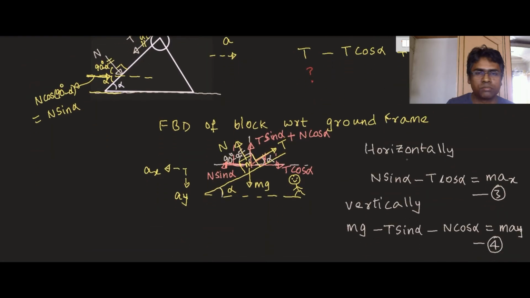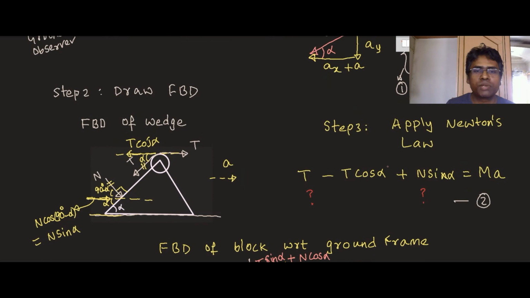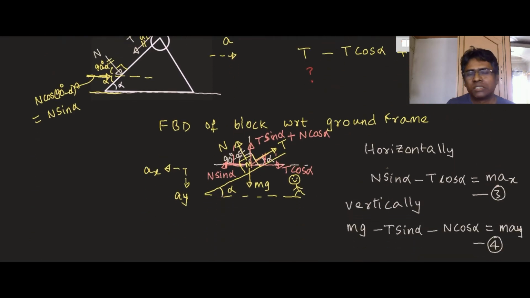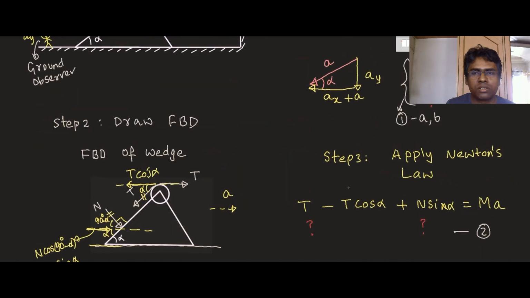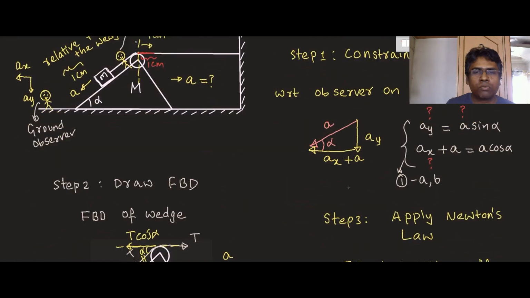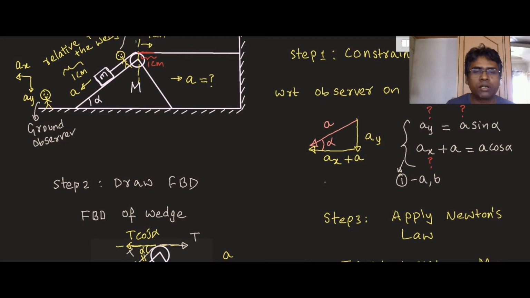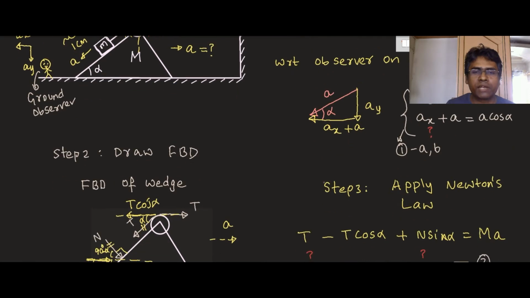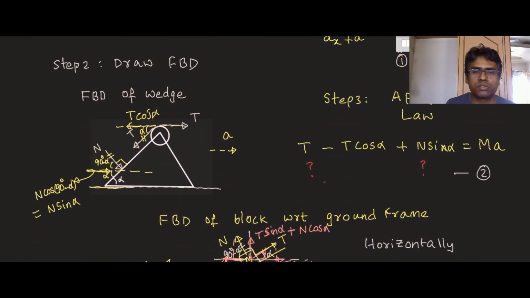So the final step, algebraically it is a little scary, but with patience we can actually solve these equations. But whatever we have done so far, if we do that carefully, then we have applied our conceptual understanding of Newton's laws of motion correctly.